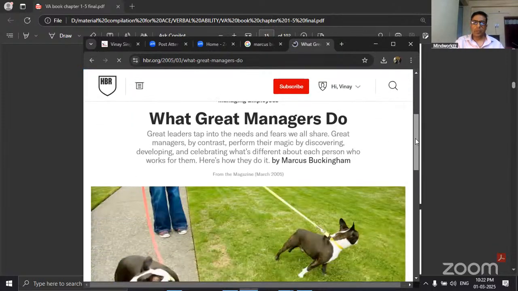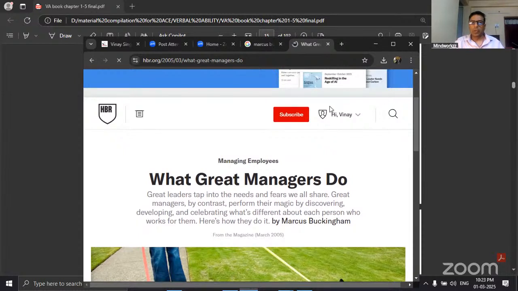As you can see, this is from the March 2005 article.